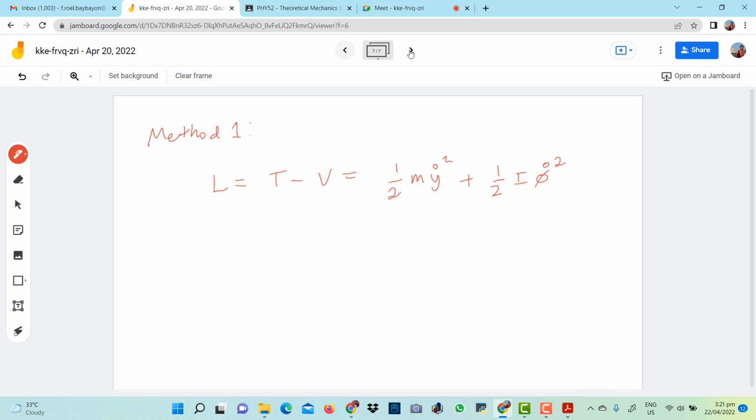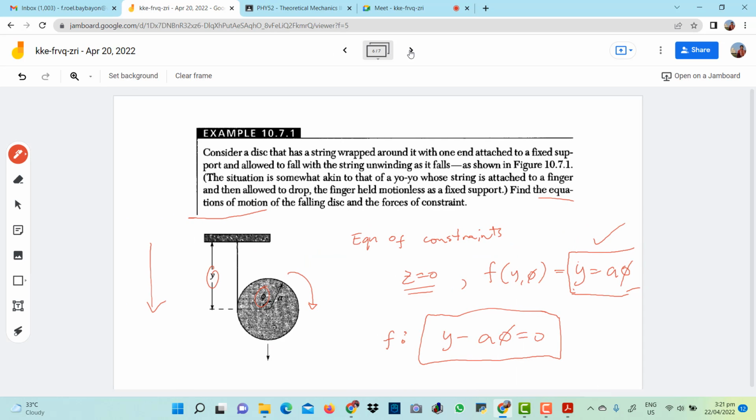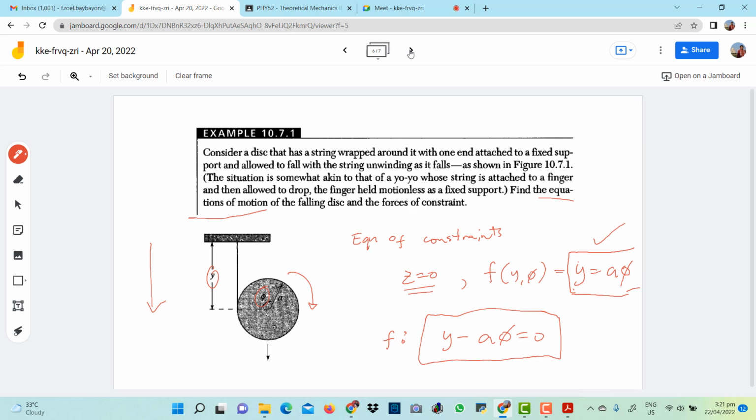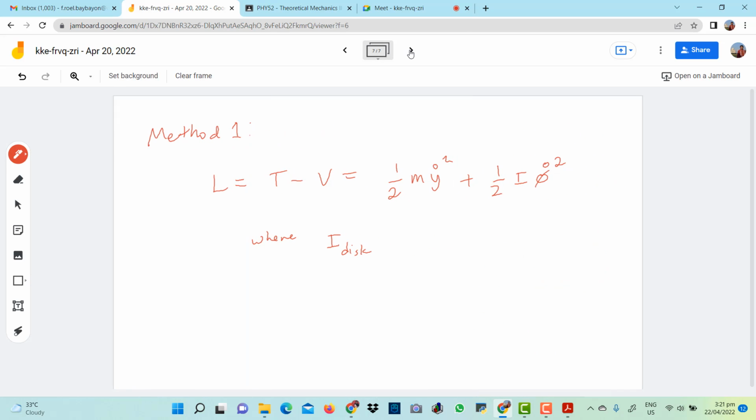The first term is your translational, while the second term is your rotational kinetic energy, with respect to phi. Take note, I here is the moment of inertia for a disk. So this is a disk.